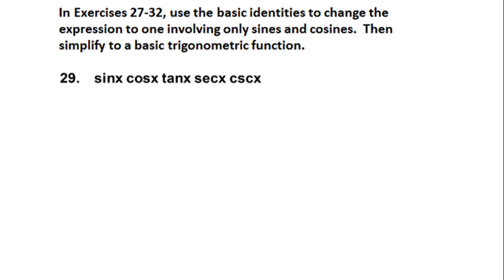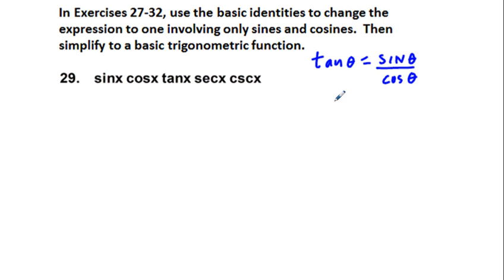Okay, we go to number 29. And number 29, we have all these trigonometric factors, I guess you want to call them, in a row. And I find that it's most helpful to change these things in terms of sine and cosine. And to do that, we'll need to use sine and cosine. We have the first two. But the next three, tangent theta is equal to sine theta over cosine theta.